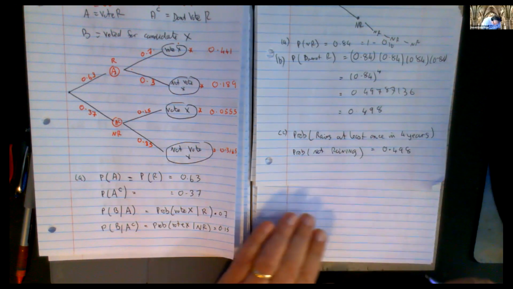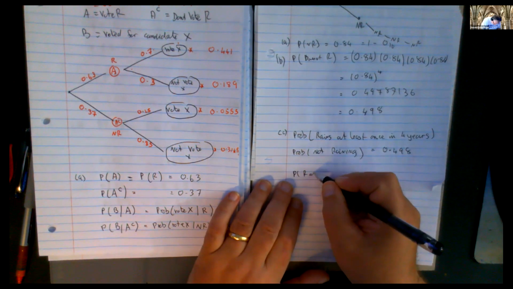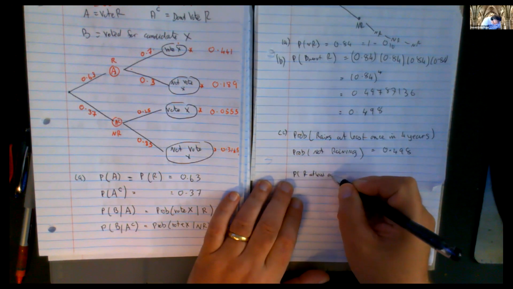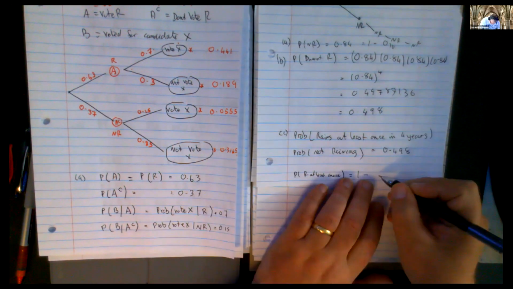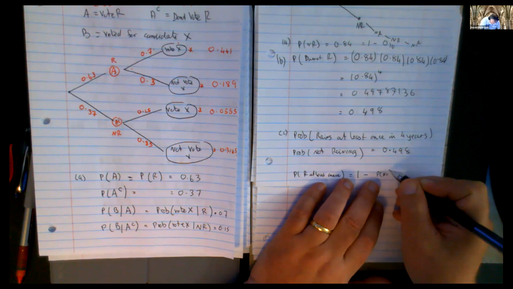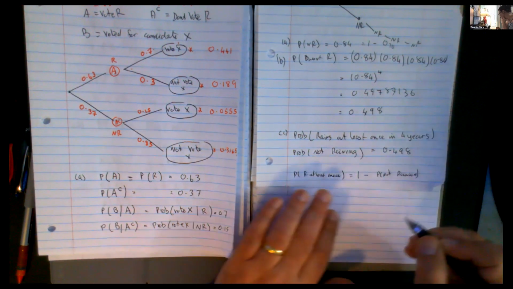Right. So the answer, it rains at least once, is 1 take away the probability, right? The one that we've just found of not raining at all. Yes, that's where you do 1 minus.